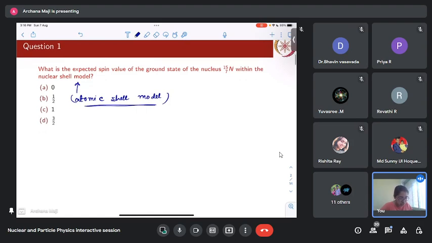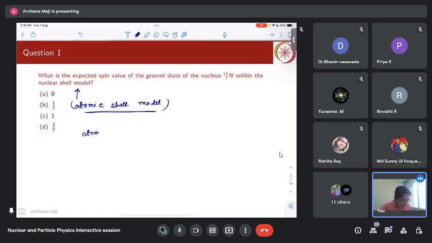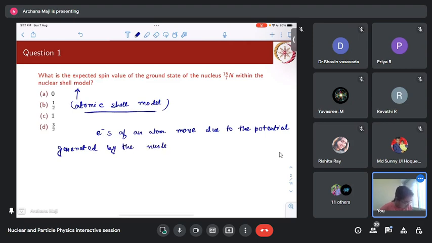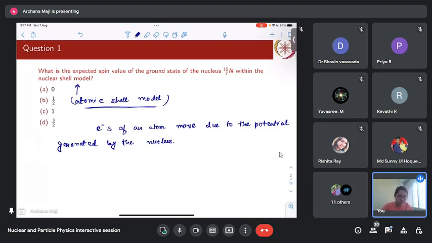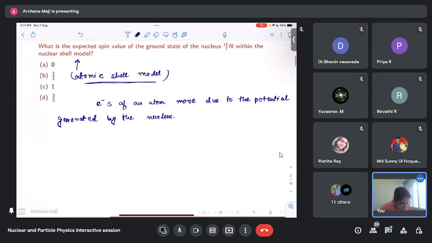So we know that when we consider a particular atom, the electrons of that atom move due to the potential generated by the nucleus, and the electrons of a particular atom can be accommodated in what we call atomic shells. So these electrons are accommodated in the atomic shells.